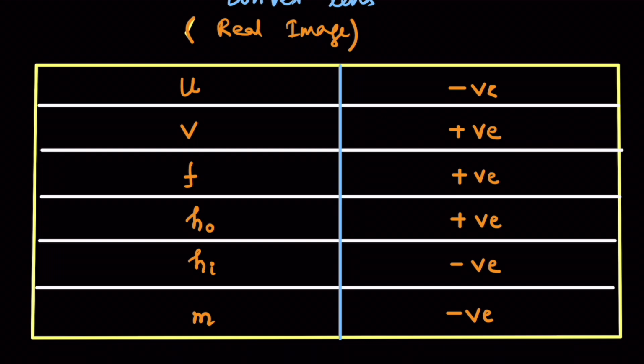So linear magnification is negative because it is a real image.